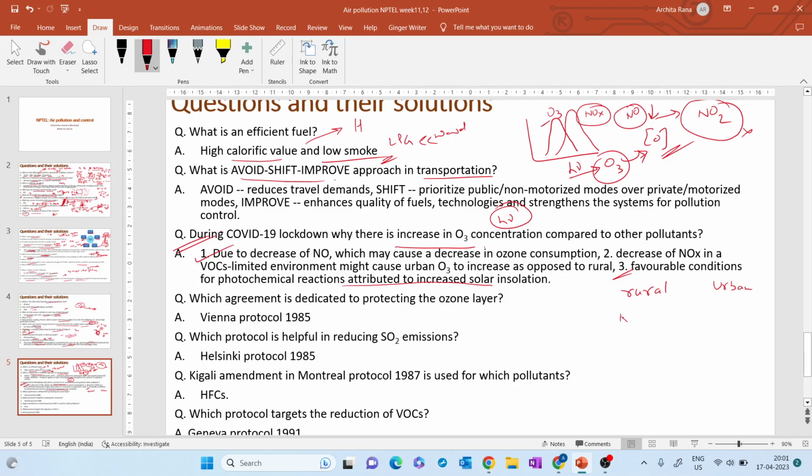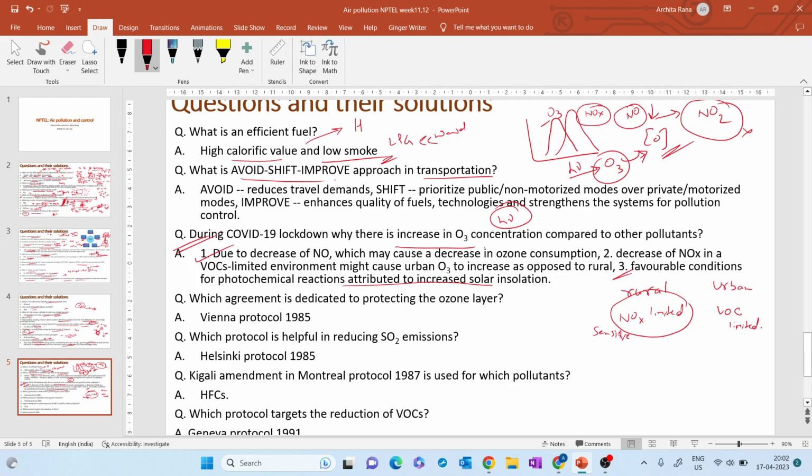Okay, so when you say that a region or a locality is NOx limited, you say that the pollution in that locality will increase or decrease depending on the NOx, NO2 or NO. Or you can say the pollution is sensitive towards NOx.